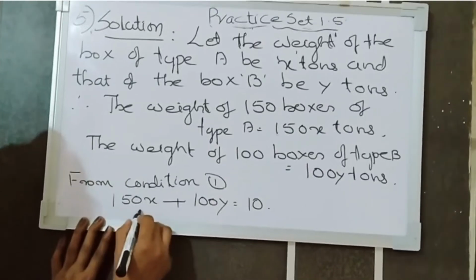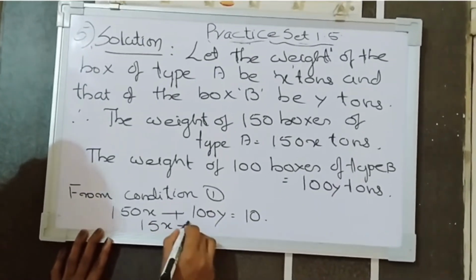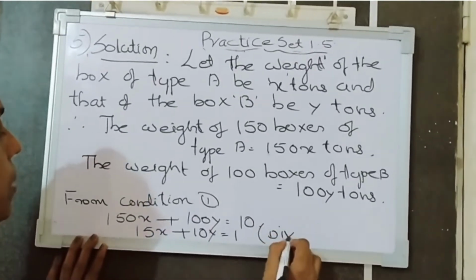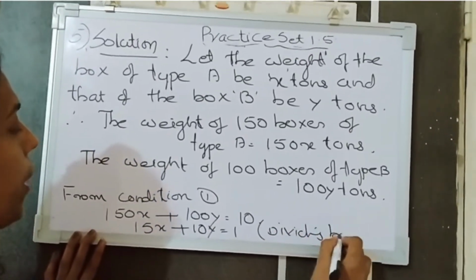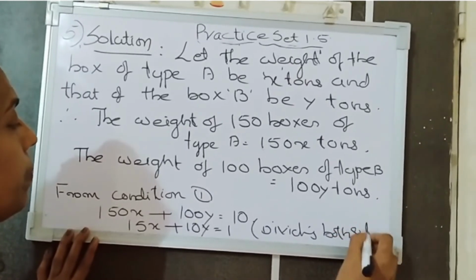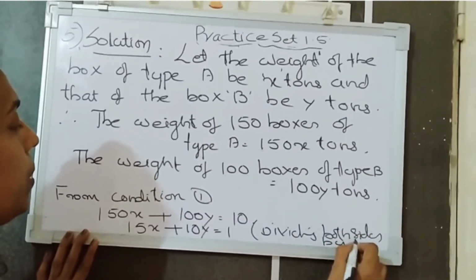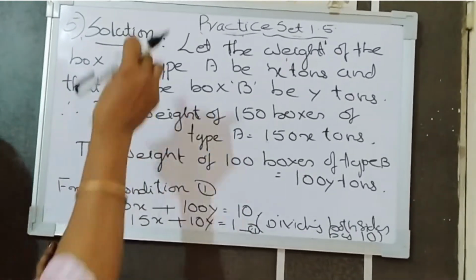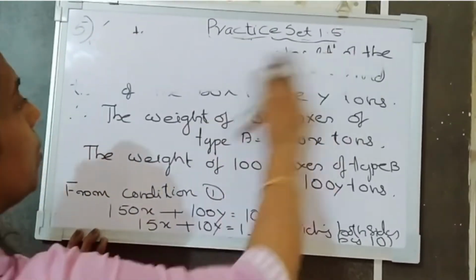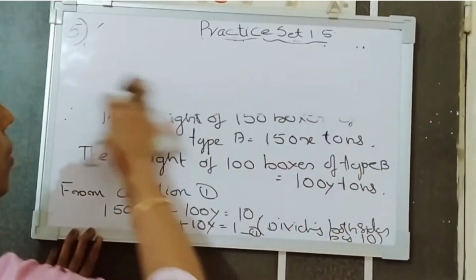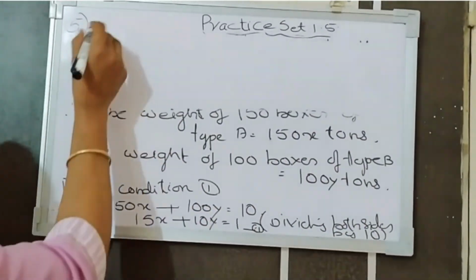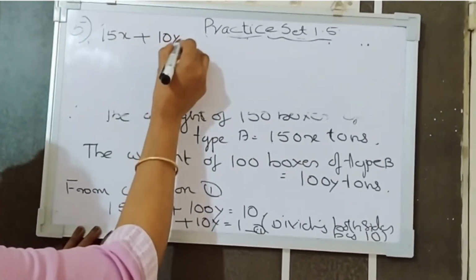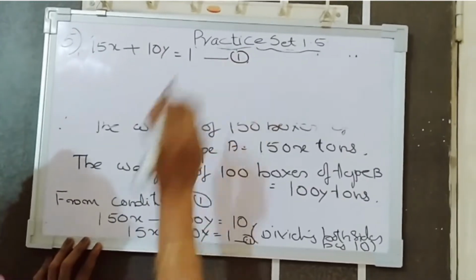Then 15x plus 10y is equal to 1, dividing both sides by 10. This is equation number 1. Writing the equation up above: first equation is 15x plus 10y is equal to 1, equation number 1.